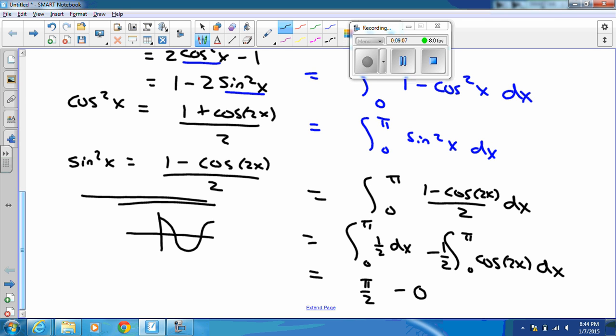Why? Well, because cosine 2x is a function that is periodic with a period of pi, and when I integrate from 0 to pi cosine 2x, all of the positive area here and the negative area here cancel out, giving me 0. So I immediately have pi over 2 as the value of the area between the two curves.